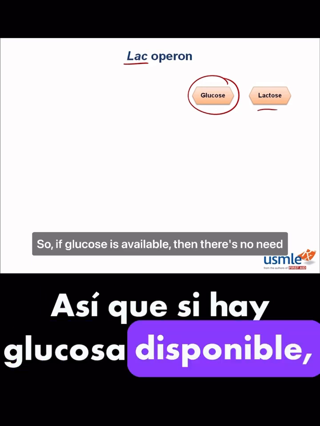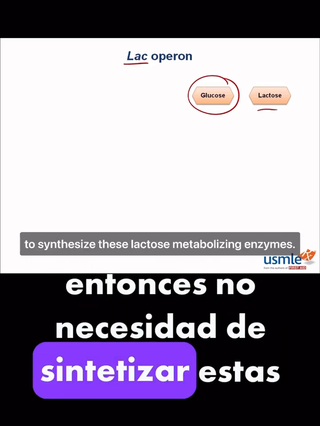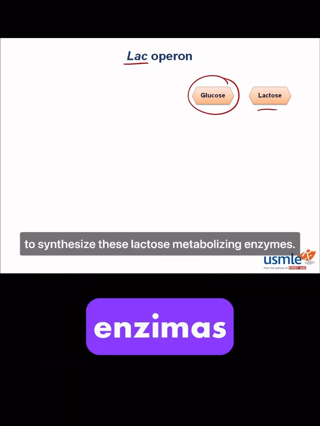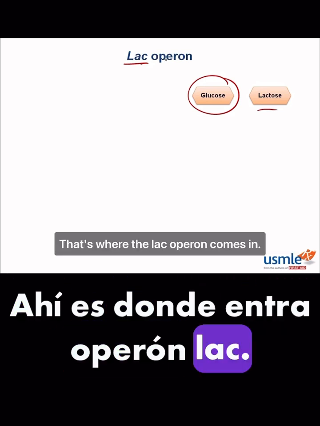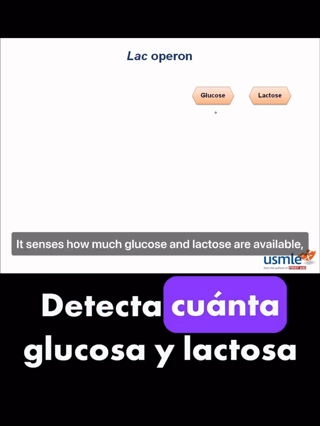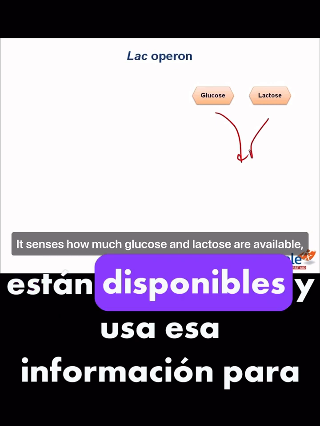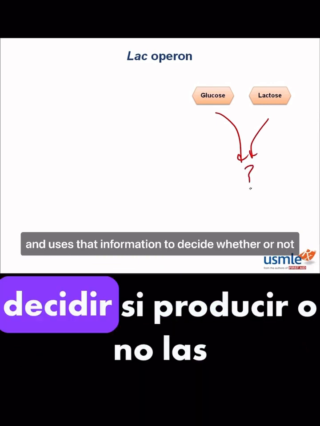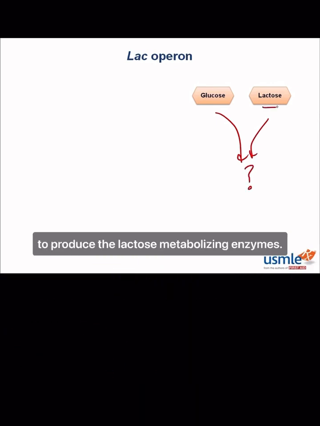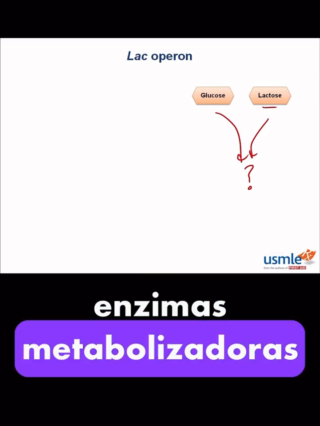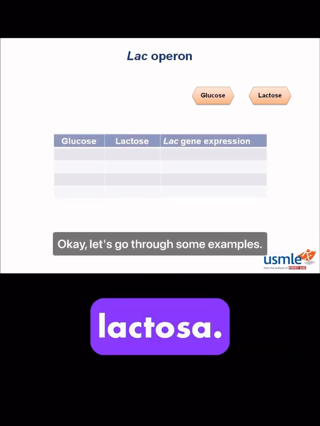So if glucose is available, then there's no need to synthesize these lactose metabolizing enzymes. That's where the lac operon comes in. It senses how much glucose and lactose are available and uses that information to decide whether or not to produce the lactose metabolizing enzymes. Okay, let's go through some examples.